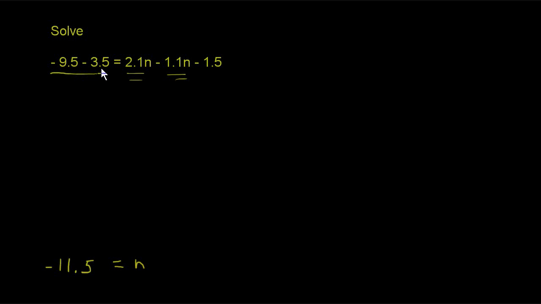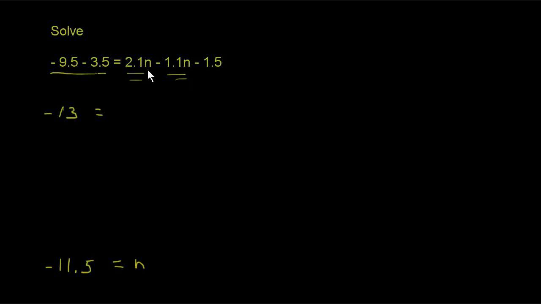Subtract 9 5/10, subtract 3 5/10. The signs are the same, so we can just add those two numbers and keep their common sign, and we will get a negative, let's see, 12, and one more would be negative 13. Negative 13. And then on the right side of the equal sign, these two terms both have the variable n.